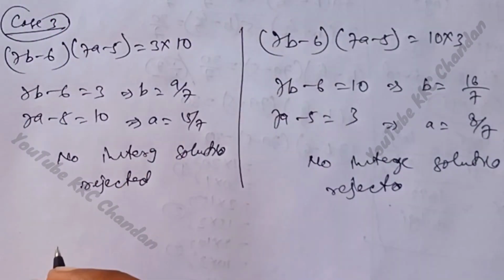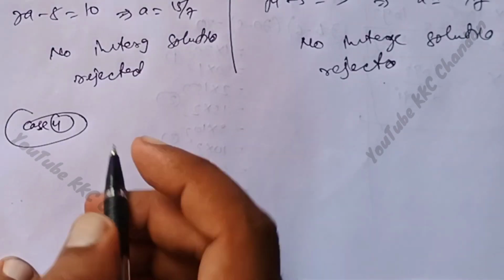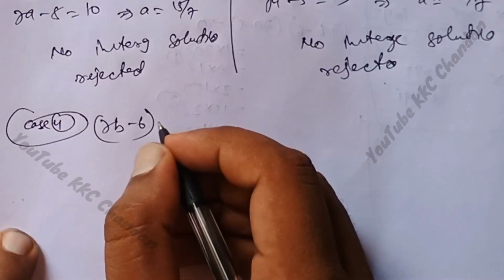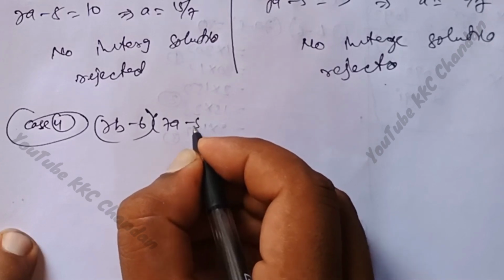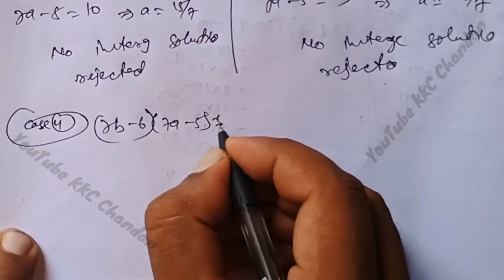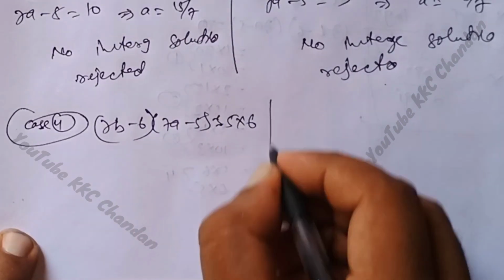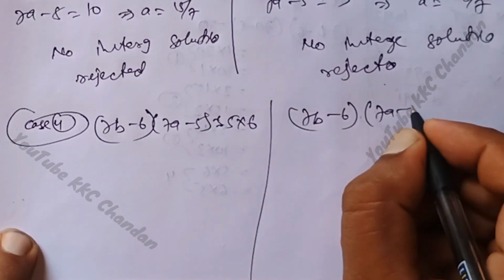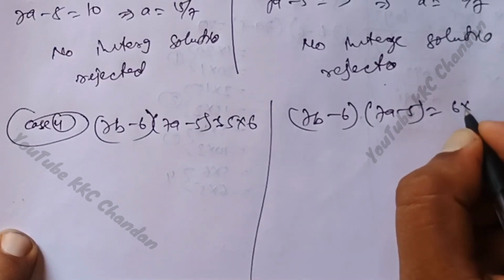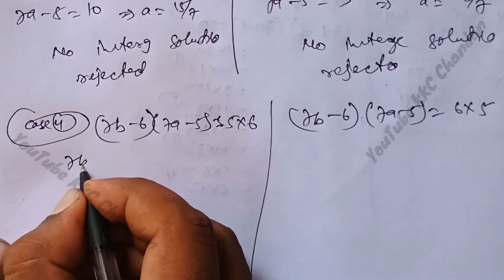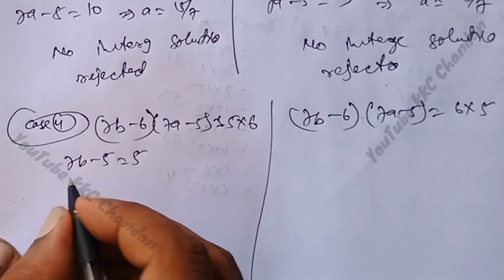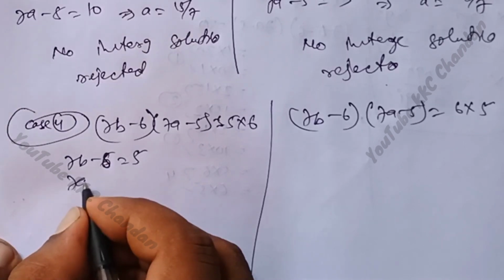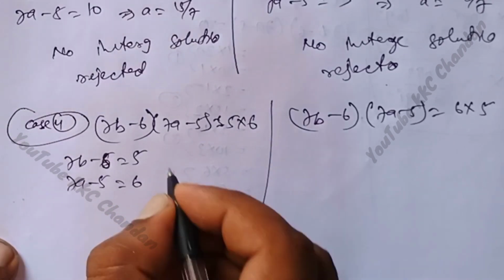Case 4. 7b minus 6 into 7a minus 5 is equal to 5 into 6, and 6 into 5. 7b minus 6 is equal to 5 and 7a minus 5 is equal to 6.